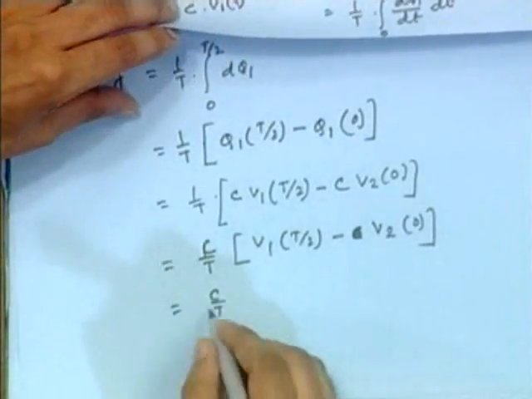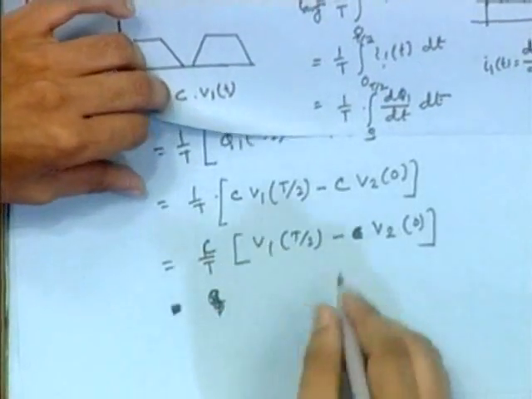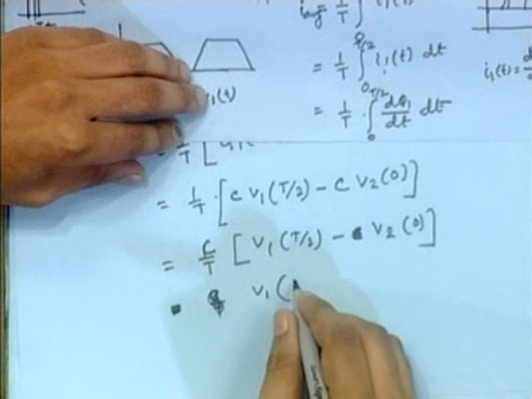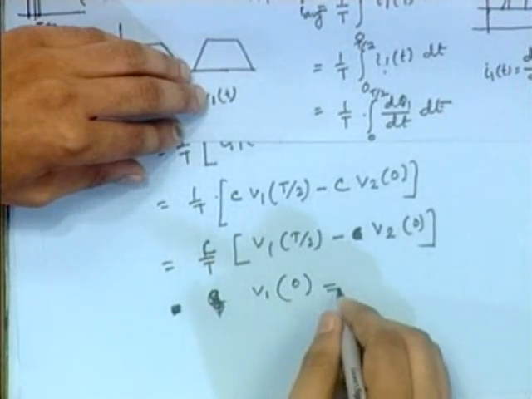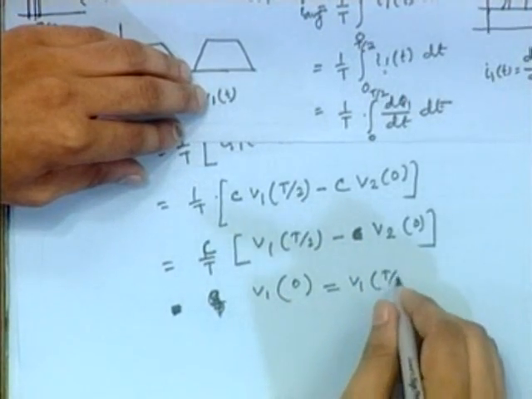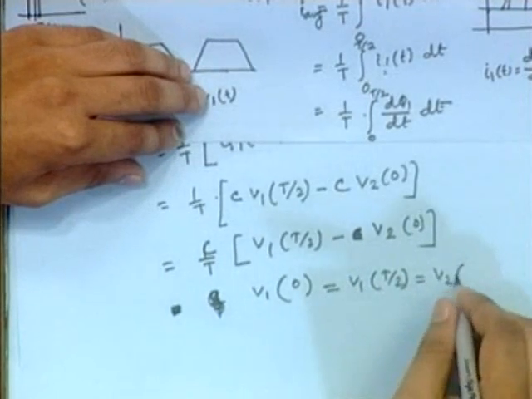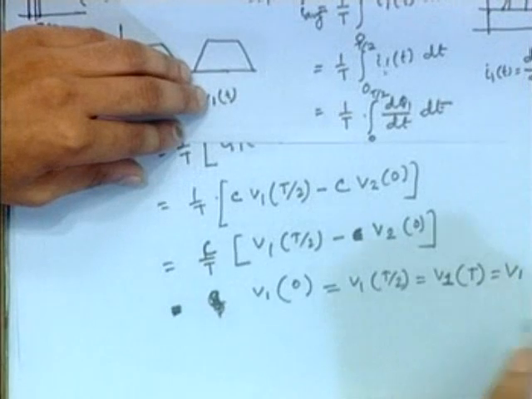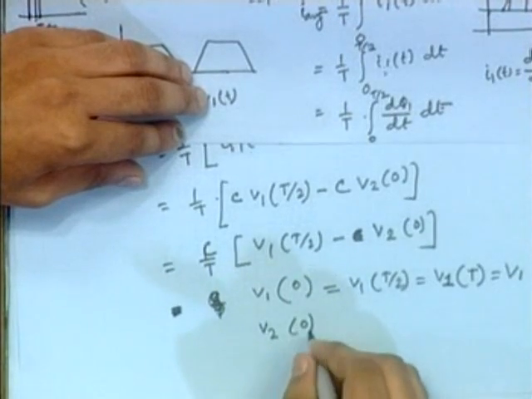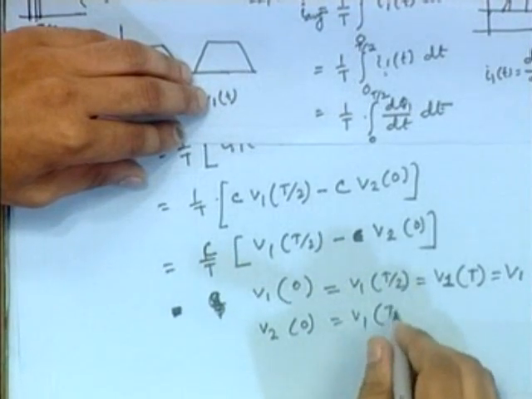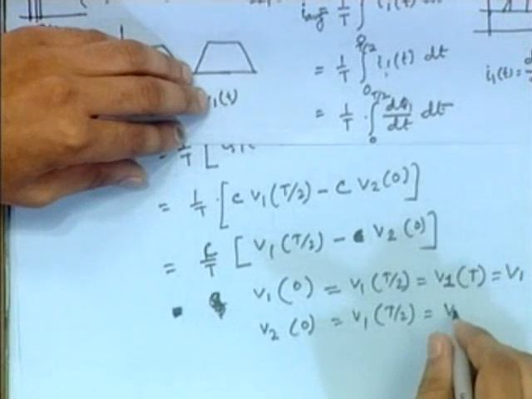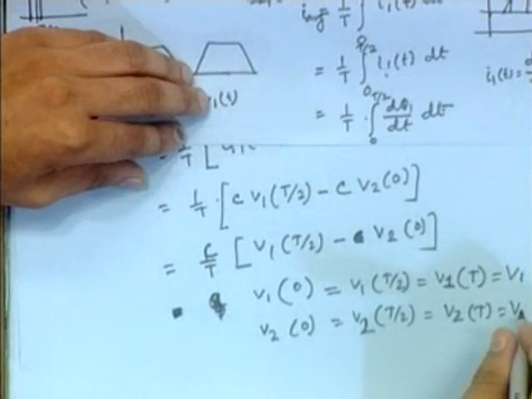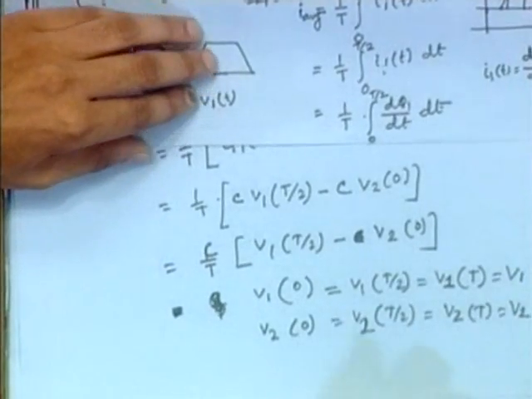So we are considering that V1(0) is equal to V1(T/2) is equal to V1(T) is equal to V1, and V2(0) is V2. Is it clear?